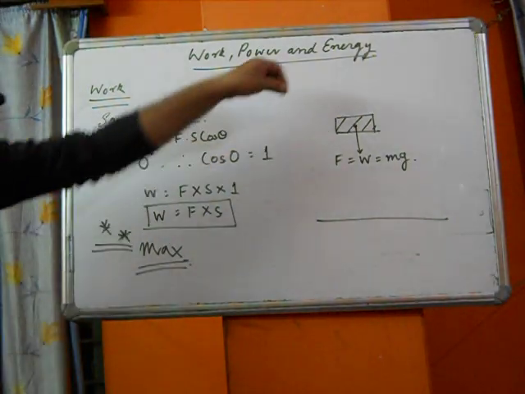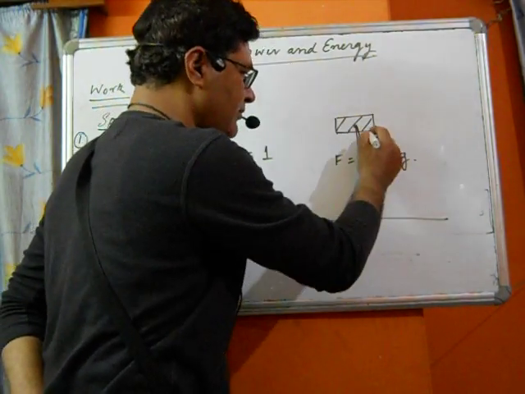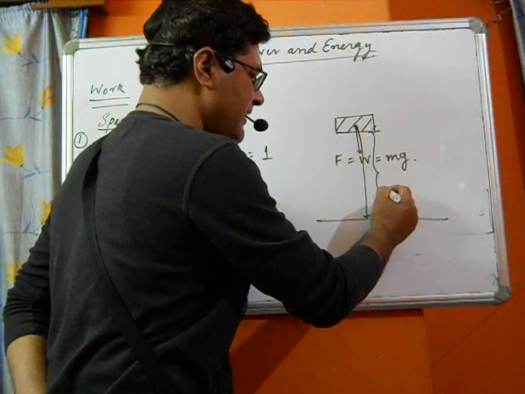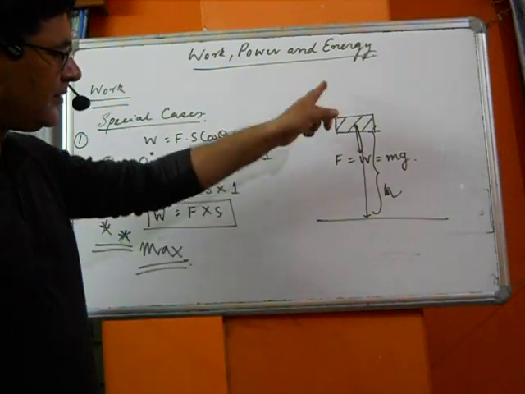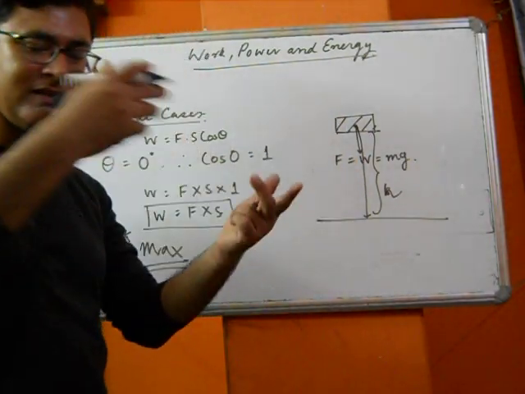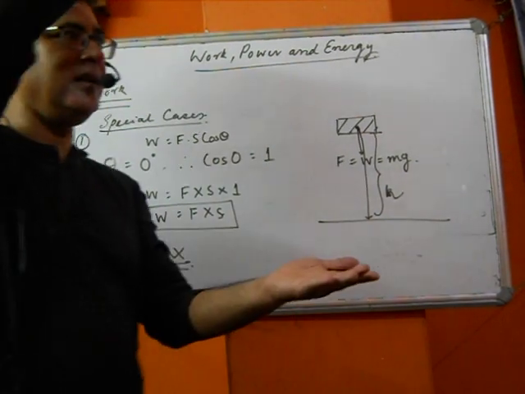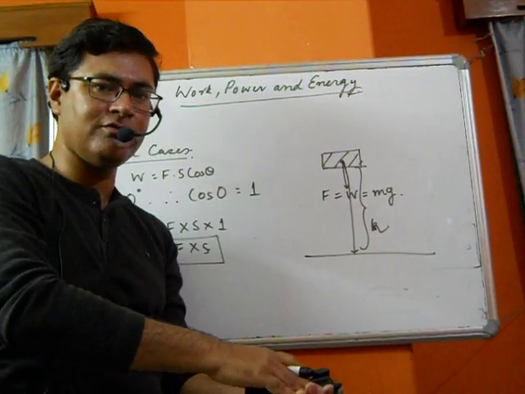Right? So when I leave it, what happens? It comes down and there is a displacement taking place, h. The direction of the force and the direction of displacement is the same. I take an object and I leave it. The direction of force is down, the direction of displacement is also down.